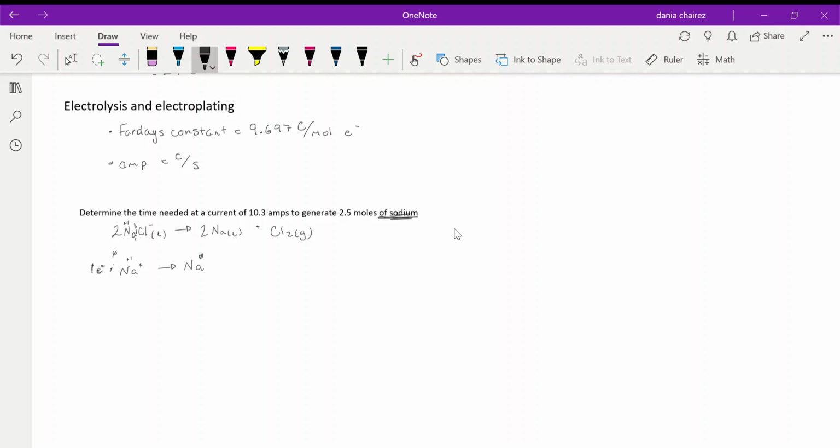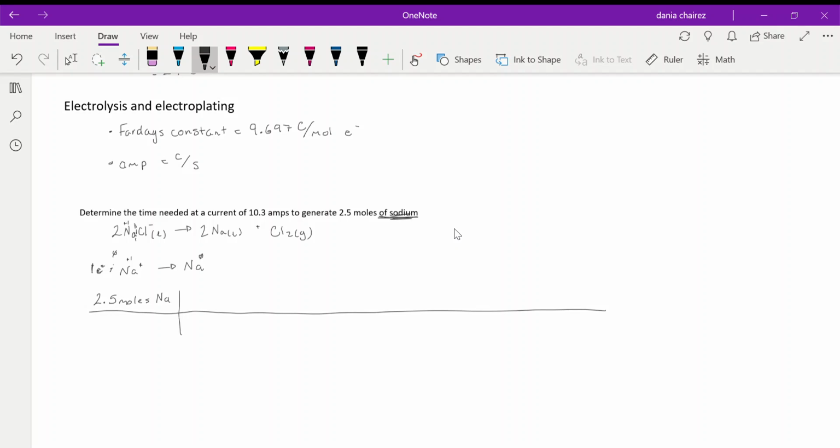Cool. So then we're going to start off figuring out, it's just a giant conversion, right? We want to make 2.5 moles of sodium, and we need to figure out the time. So we start off with 2.5 moles of Na. Like I said, this is going to be a very long conversion.